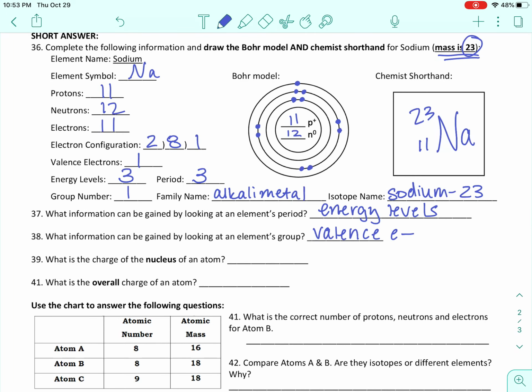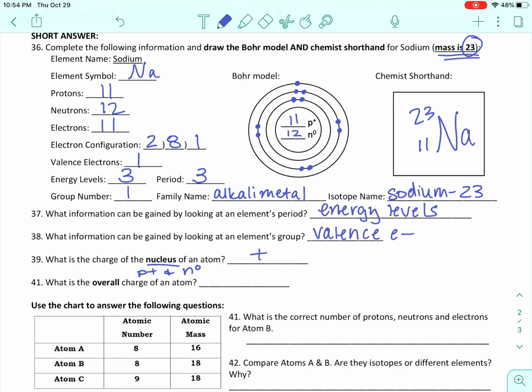What is the charge of the nucleus of an atom? Remember that the nucleus contains protons and neutrons. Now, neutrons don't have a charge, so they're not going to contribute to the charge of the nucleus. The protons are positive, and they're the only particle in the nucleus that has a charge, so the nucleus itself is also going to be positive.